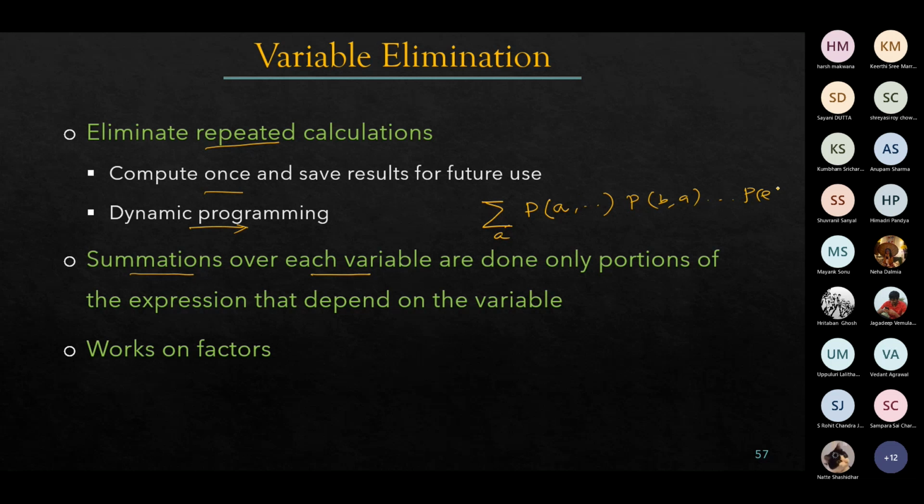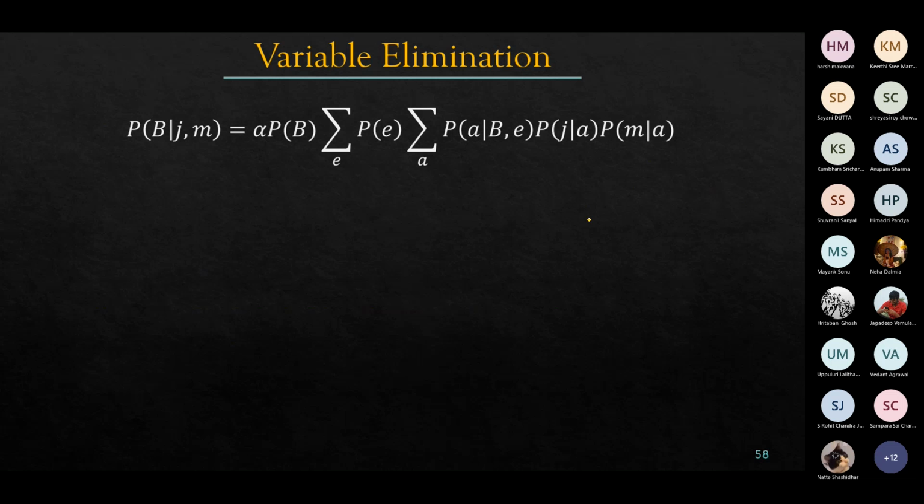Let's say we have something like P E. We do not take into account P while we are computing the sum over A. We have it in some other place, right? So that means we have some number of factors. These are the probability factors. And what we want to do is come up with an efficient way to compute the entire product by considering the multiplication of smaller factors, right?